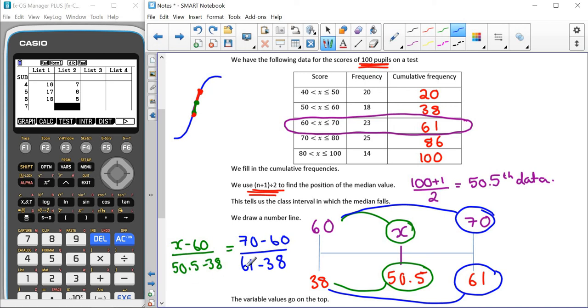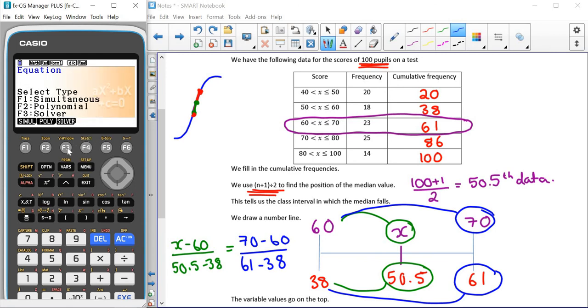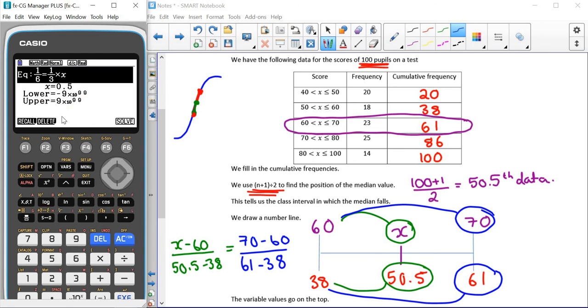To find out what this equates to, we could work it out manually, but we can just figure it out in our graphical calculator. We do this by going to Menu, down to Equation, and then going into Solver. We can then type in here exactly what we have here, and it will tell us what the estimate for the median is. So we do this by clicking on the fraction sign, and we'd have x minus 60.